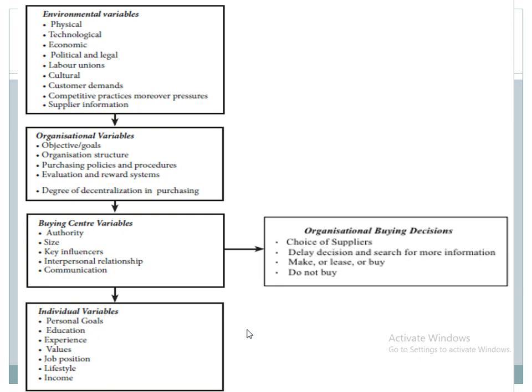The organizational variables include objectives and goals of the organization, the organization structure, purchasing policies and procedures of the organization, degree of centralization in purchasing, or maybe there is a decentralization of the purchasing process, and evaluation and reward system.